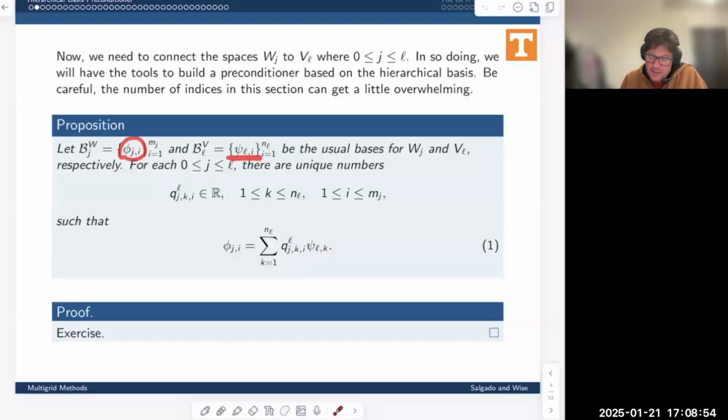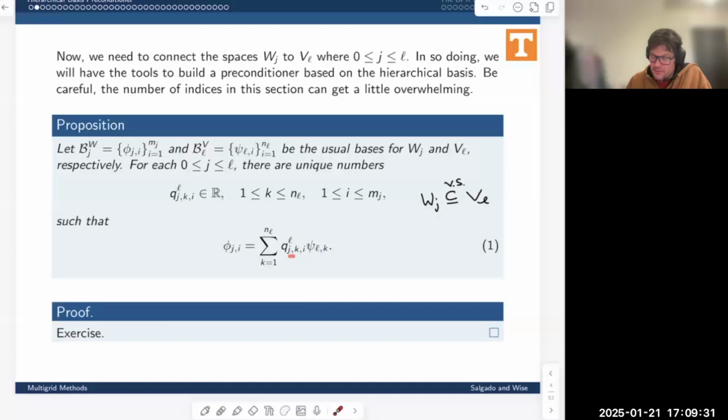So what this means is I can take any one of these and write it in a basis expansion for these basis elements because W_j happens to be a vector subspace of V_l. That's the reason why I can do this. I can always find a basis expansion. So these are just the coordinates in that basis expansion, period. And I can arrange these indices any way I want.